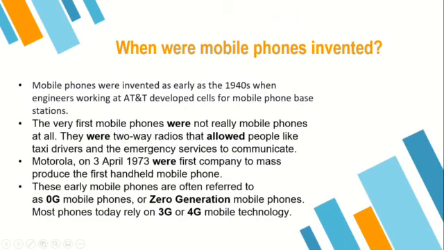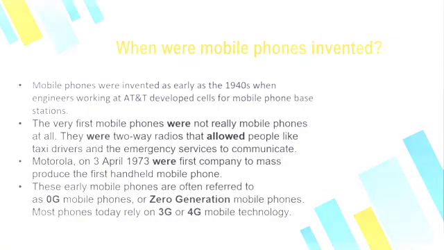These early mobile phones are often referred to as zero-G mobile phones or zero generation mobile phones. Most phones today rely on 3G or 4G mobile technology. And at the moment, we are nearly ready to welcome 5G. In some areas, 5G already exists, but mostly at the moment it is still 4G, right?